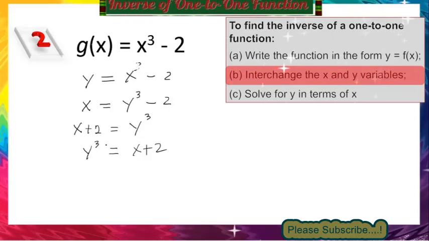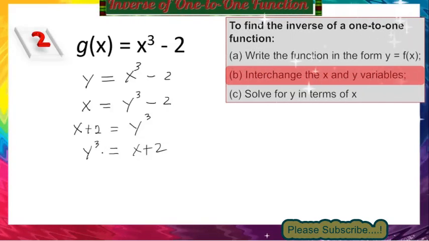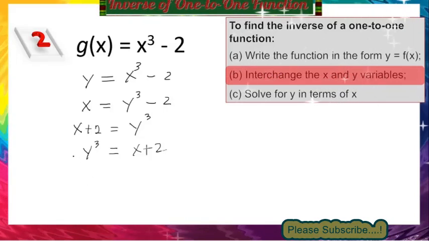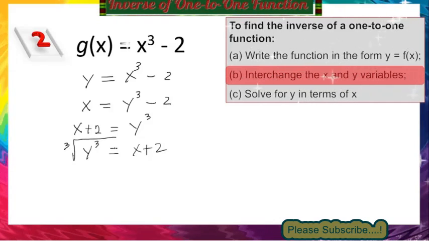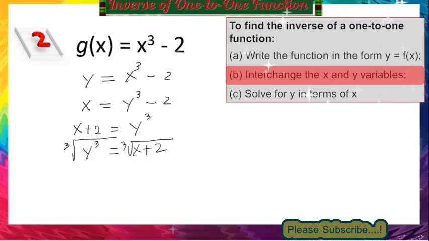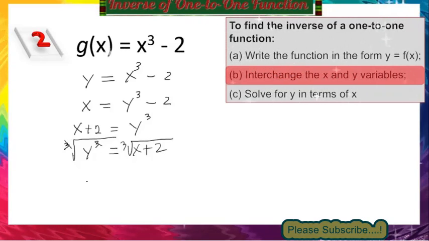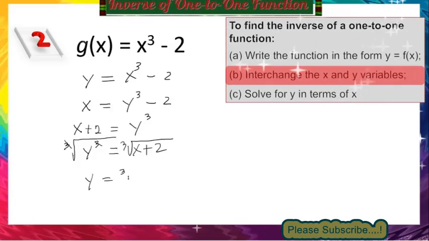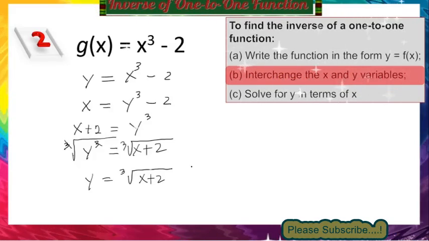To eliminate this exponent 3 on y cubed, we will find its cube root. The cube root also here, then this will be cancelled out. So the remaining is y equals the cube root of x plus 2.